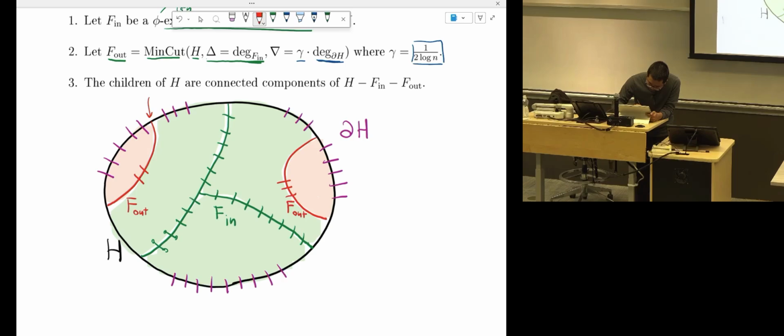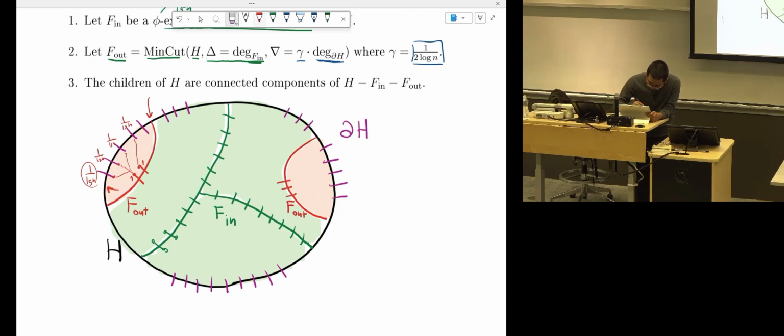the flow such that everything here sends at most 1 over log. Actually, you should think like this. The flow before the min cut, the flow on this side, right? Basically, each of these sends 1 unit, and each of these receives at most 1 over log.